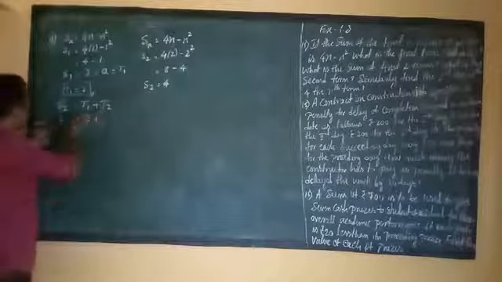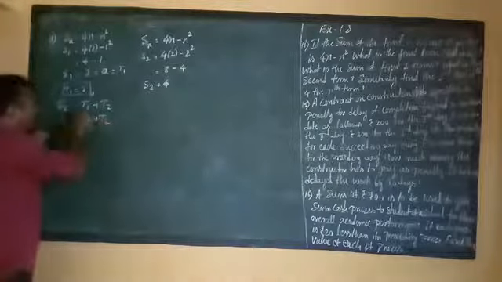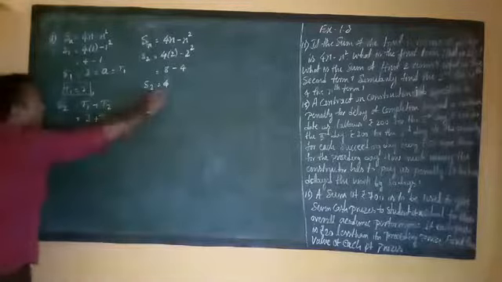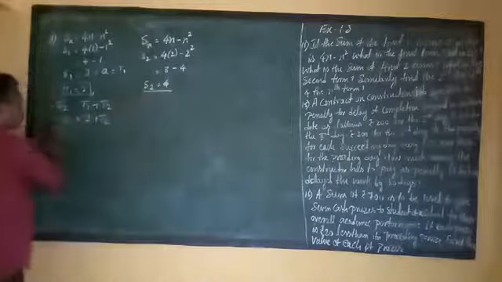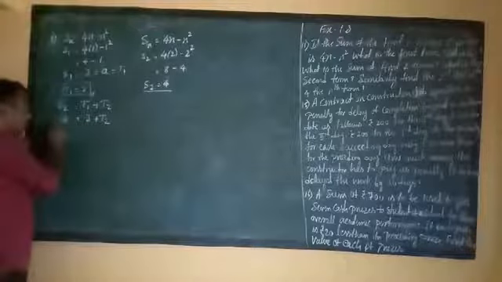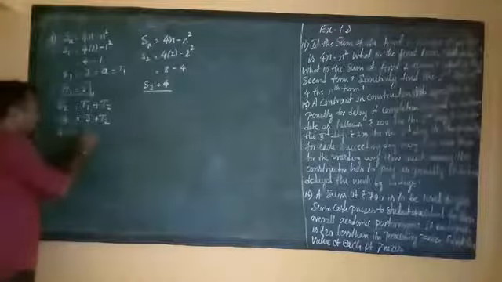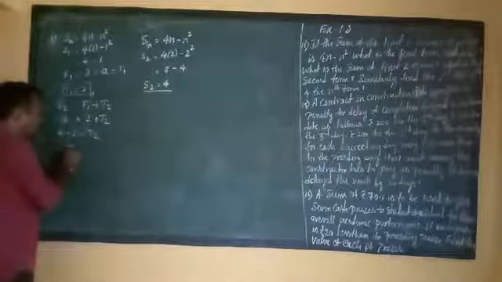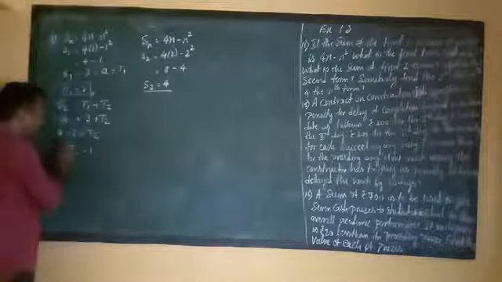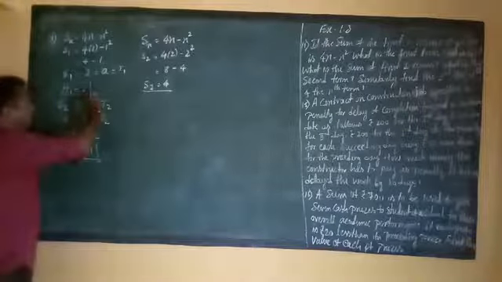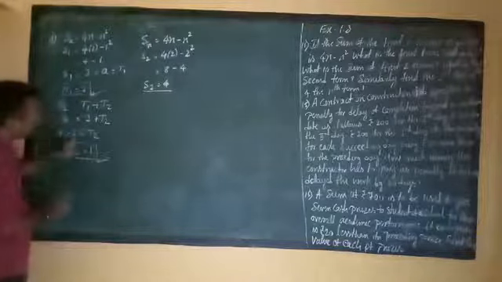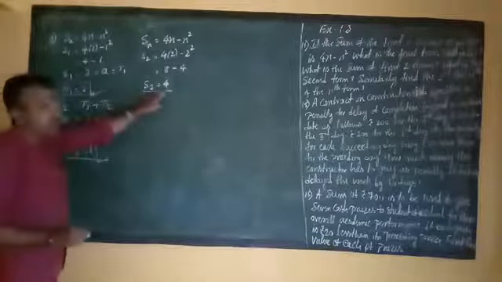T1 means 3, S2, the sum of the two terms, is 4. We have to substitute. 4 minus 3 is equal to T2. Therefore T2 is equal to 4 minus 3, which is 1. So T1 is 3, T2 is 1. If you add 3 plus 1 it becomes 4.